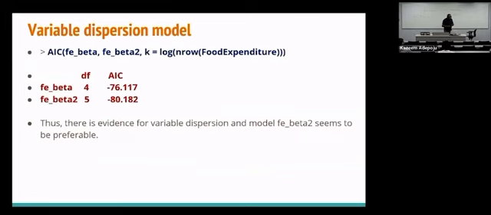So if I want to get the AIC, I'm just going to write AIC of FE beta, comma, FE beta 2. In the end, look at what I got. The one with the smallest AIC is the second one. And that was why I said there is evidence for variable expansion, and model FE underscore beta 2 seems to be preferable. Does that make sense?